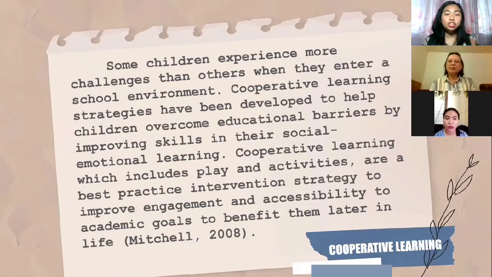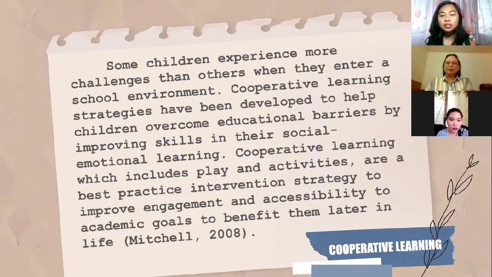So some children experience more challenges than others when they enter school environments. Cooperative learning strategies have been developed to help children overcome educational barriers by improving their social emotional learning skills. Cooperative learning, which includes play and activities, is a best practice intervention strategy to improve engagement and accessibility to academic goals to benefit them in later life.